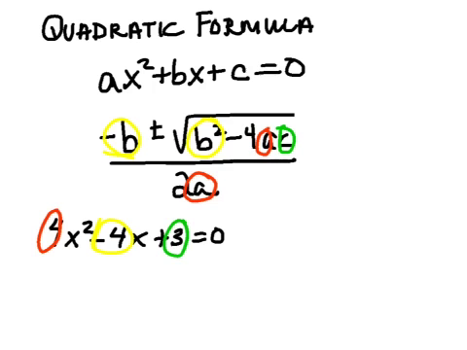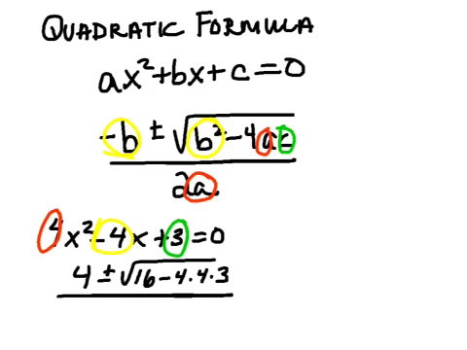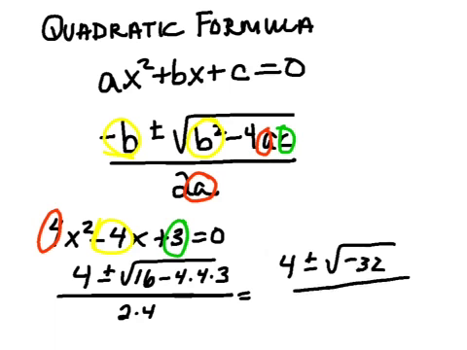So we know that we have 4, because it's the opposite of negative 4, plus or minus the square root of 16 minus 4 times 4 times 3, over 2 times 4. So we get 4 plus or minus the square root of 16 minus 48, which gives us negative 32, over 8.